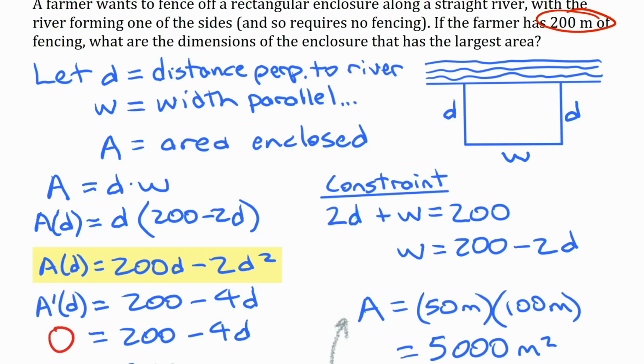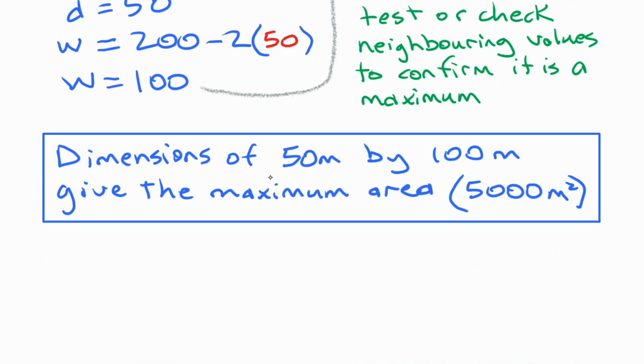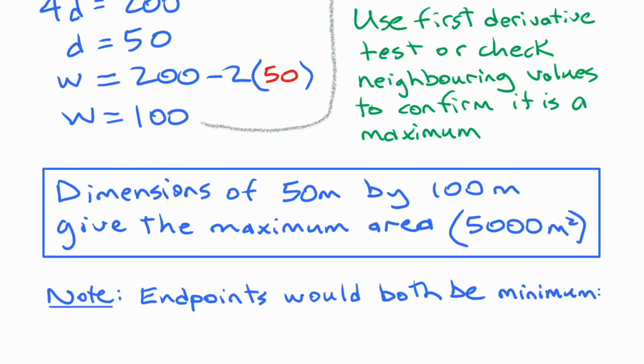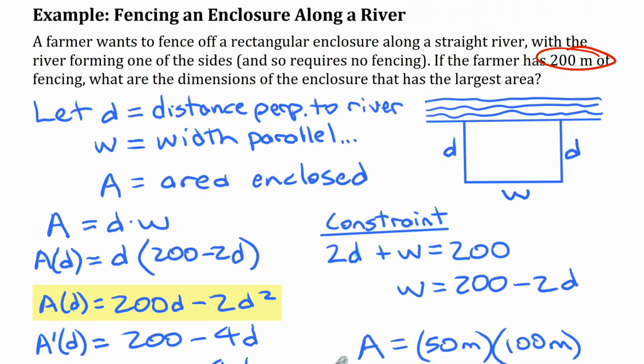All right, so now the last thing we'll say here is we don't need to consider endpoints here because we found our maximum. If you did want to think about the endpoints, the endpoints would both be a minimum, and that might be pretty obvious to you here. I'll go back to the picture again. If you decided you're going to take the entire 200 meters and just stretch it straight along the river, where d is 0, then the width is going to be 200.